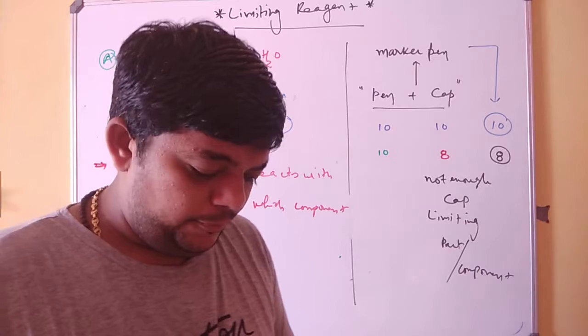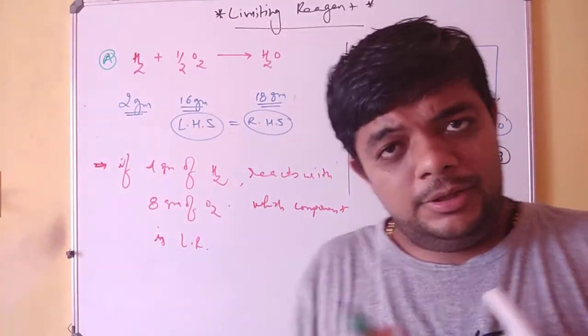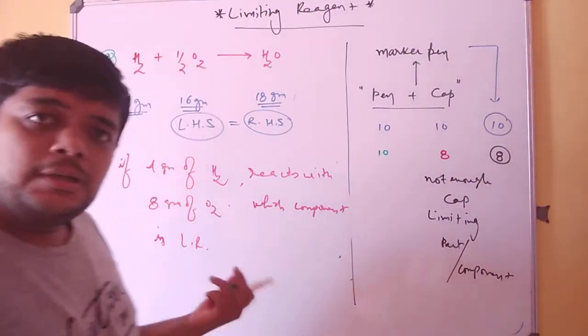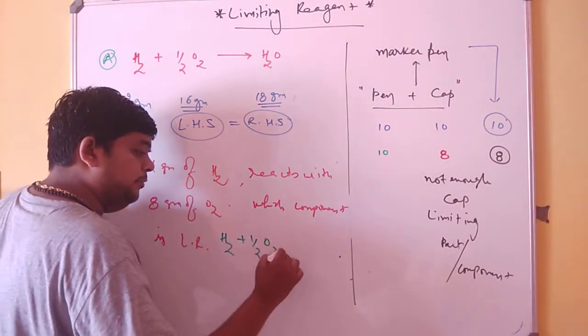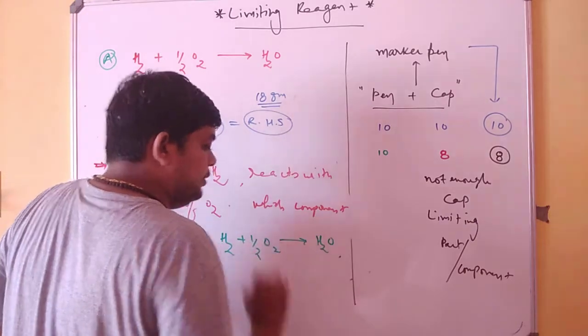When you get such types of questions, sometimes they will give you the equations, sometimes they won't. So it will be H2 plus 1/2 O2 gives H2O.